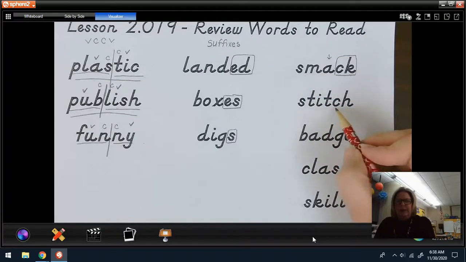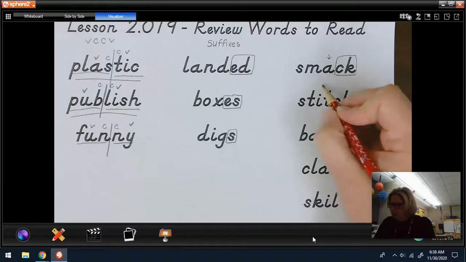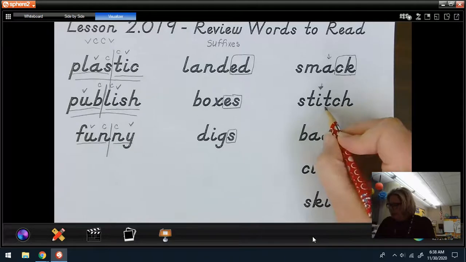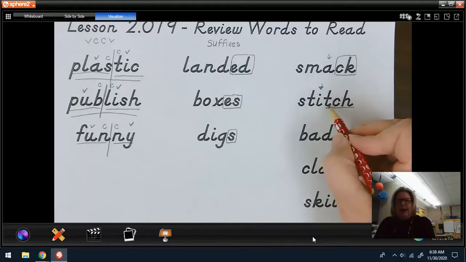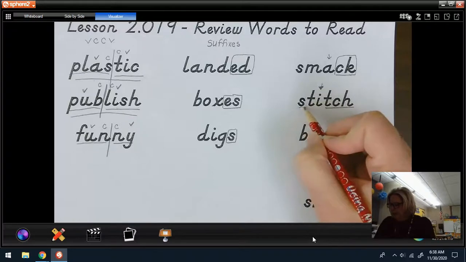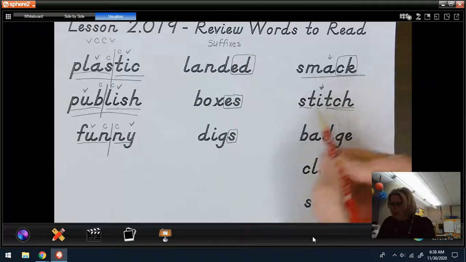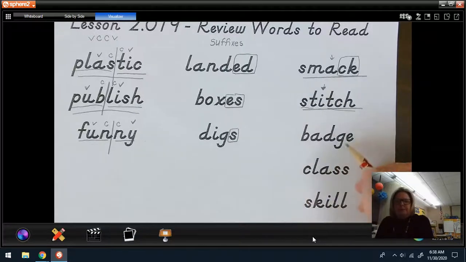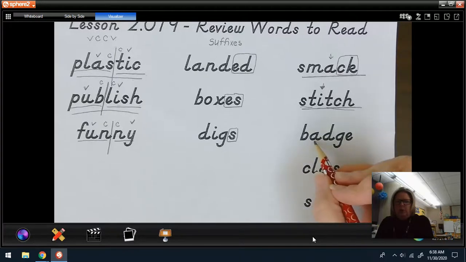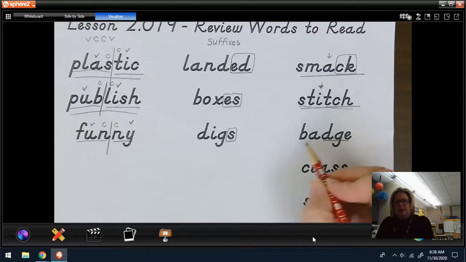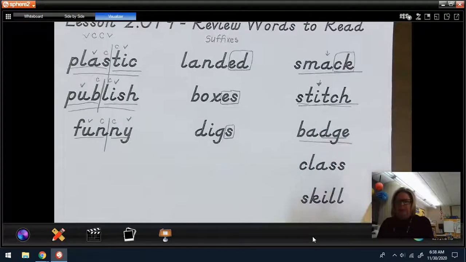This also is a one-syllable word with one short vowel sound that has the ch sound at the end. So if it says ch at the end, you add tch. This word is stitch. Okay, this word is badge. It's also a one-syllable word with one short vowel that has the j sound at the end, but it's not spelled with a G, it's spelled with DGE. So that word is badge, one syllable.